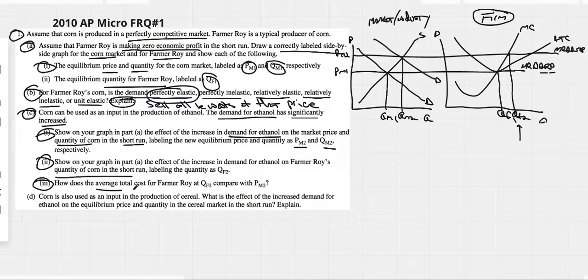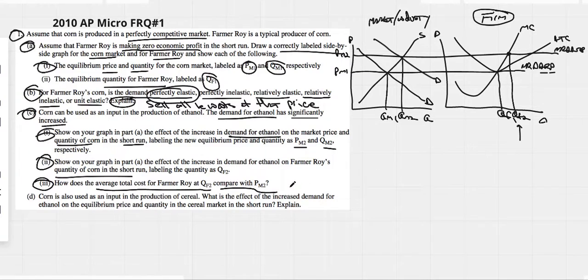How does the average total cost for Farmer Roy at QF2 compare with PM2? Well, at QF2, the quantity and the average total cost compared with PM2, I would say the ATC is below, right?